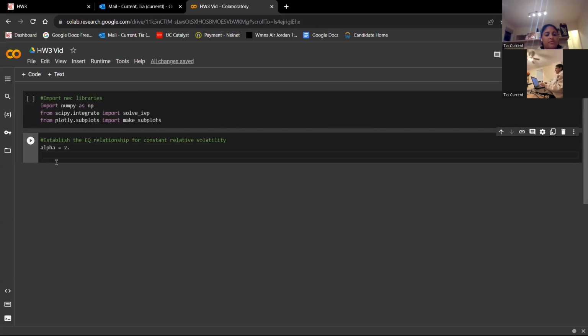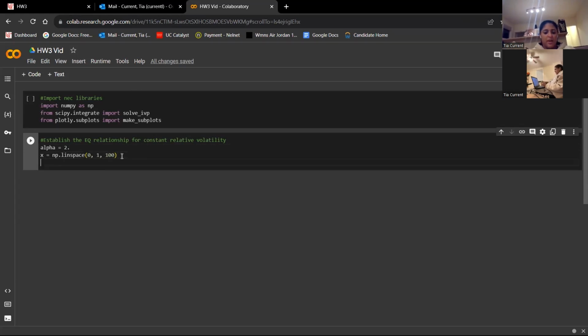And then x is going to be np.linspace from 0 to 1 with 100 spaces between that, and then our y is x times alpha divided by, and this is going to be from that part A that we did in OneNote.